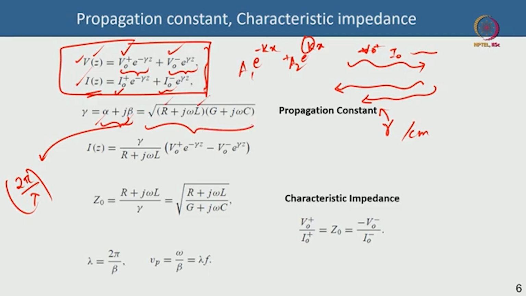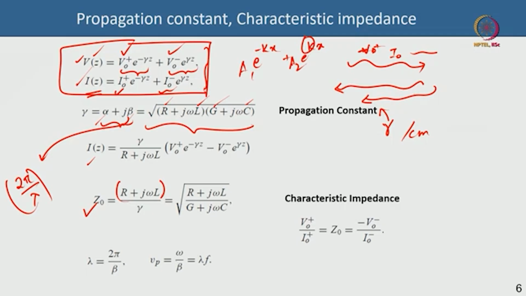Again, you see R, L, G, C, these are the discrete components of that particular delta Z segment, the lumped element. Of course, you can simplify it. The characteristic impedance Z naught is now given by R plus j omega L divided by the propagation constant.